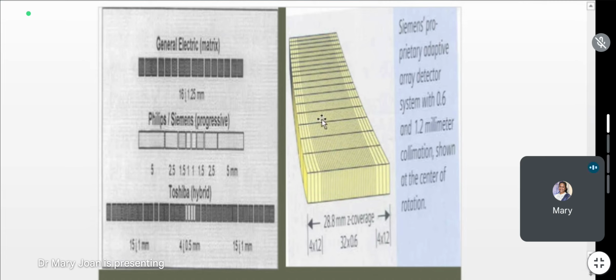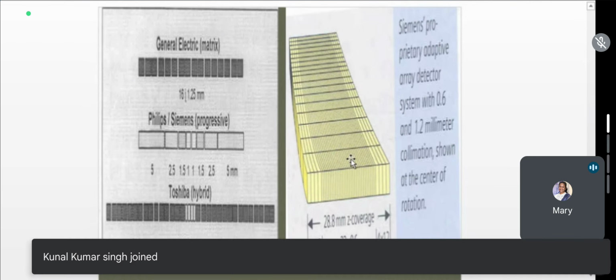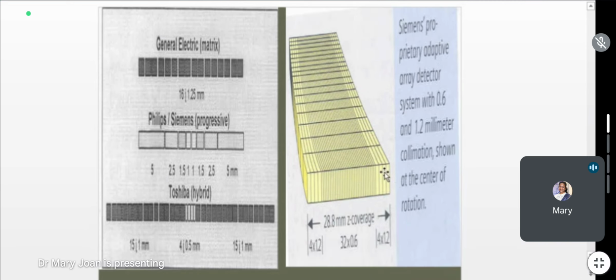So here you can see the Siemens proprietary adaptive array detector system with 0.6 and 1.2 millimeter collimation. In the middle you can see 0.6 and towards the edges you can see 1.2 millimeter collimation, and it covers a total area of 28.8 mm across the z-axis.